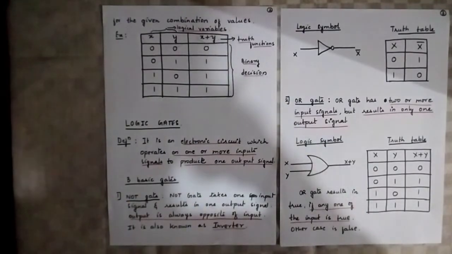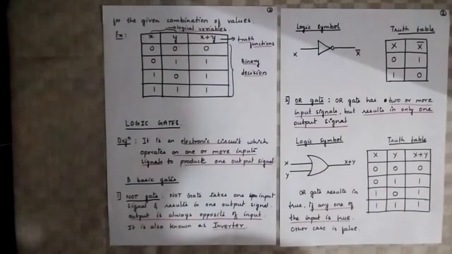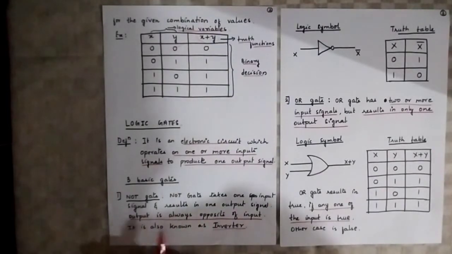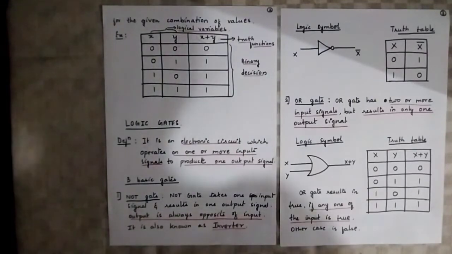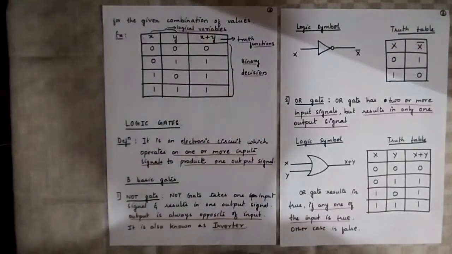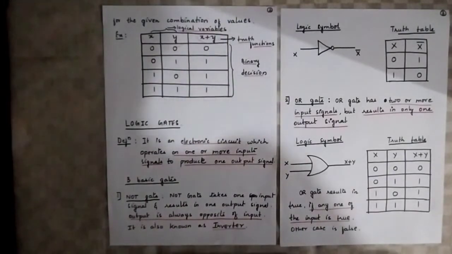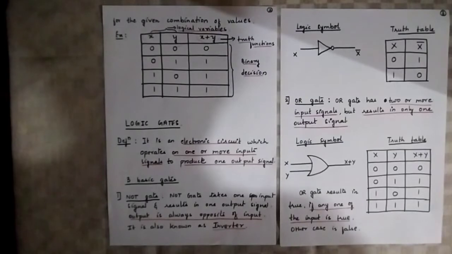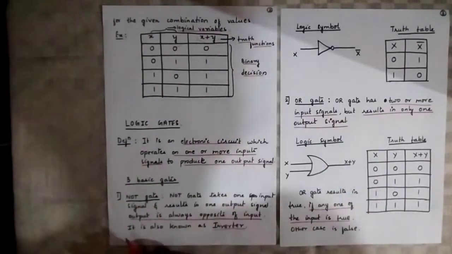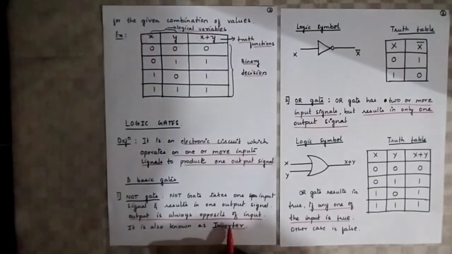It says output is always opposite of input, which means if you provide an input in terms of true, it is going to give you the result in terms of false. If you give the input in terms of false, it is going to return true. That is, it is going to switch the value from 0 to 1 and 1 to 0. Since it inverts the value, it is also known as inverter.